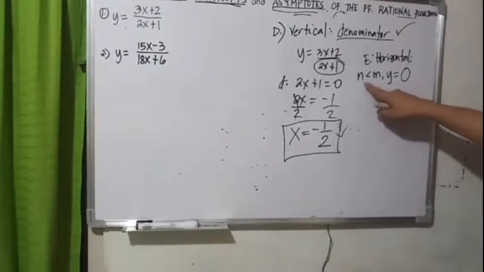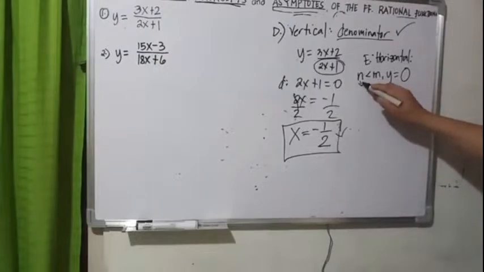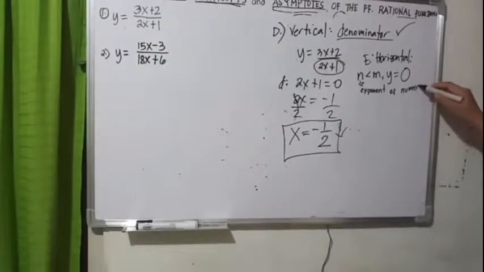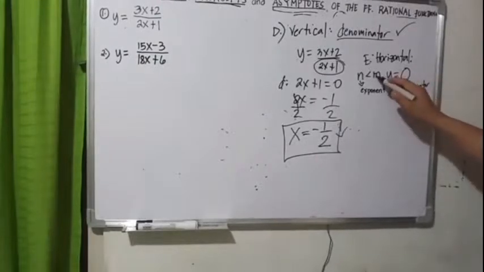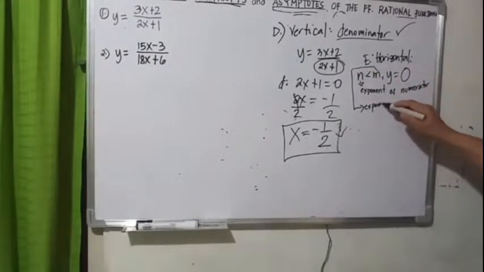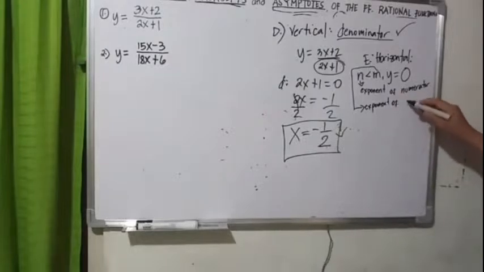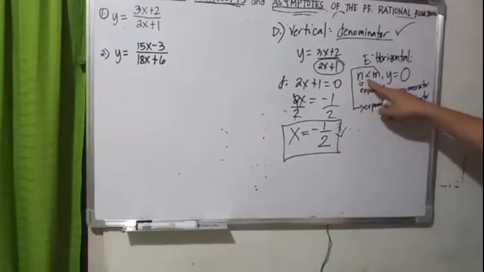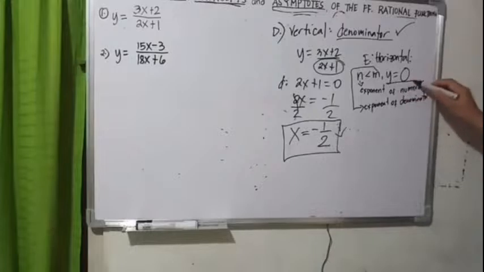Ang n is the exponent of the leading coefficient of the numerator, and yung m, that is the exponent of the leading coefficient of the denominator. If n is less than m, horizontal asymptote niyan is 0.